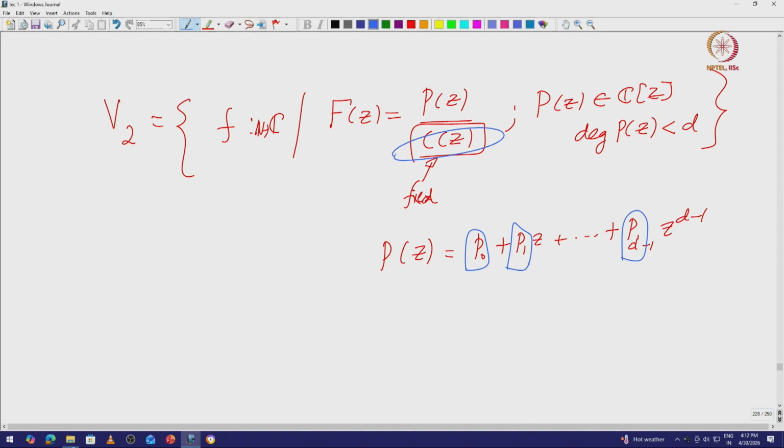We can take any complex values for p naught through p d minus 1, and that gives us d freedom of choices. So, the dimension of V 2 also must be d. A similar proof can be employed for the other spaces as well.